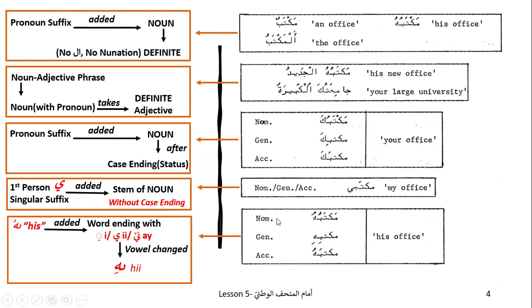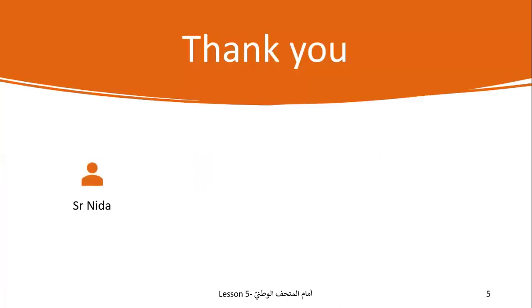So these are a few points you have to keep in mind when you are adding a pronoun suffix to a noun. This brings us to the end of this topic. However, if there are any outstanding questions, please feel free to ask on the group, and one of us will be able to help you, inshallah. Assalamu alaikum warahmatullahi.